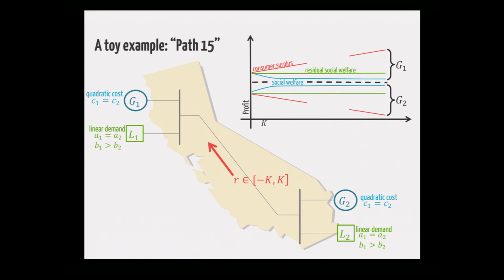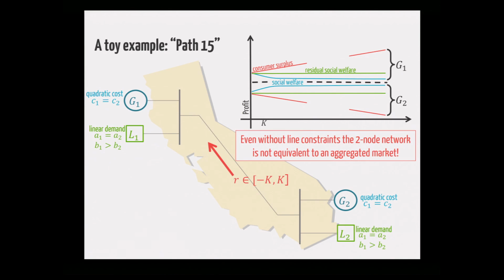Notice that even with uncapacitated lines, none of those three clearing mechanisms match what you would have with a single centralized market, which is this dotted line, although the social welfare is pretty close. This is just a fully connected network with no capacity constraint, and still it's very different from a single market, which is why it's so important to study these network markets.